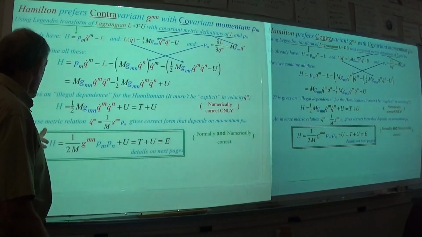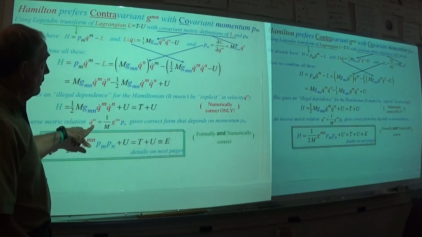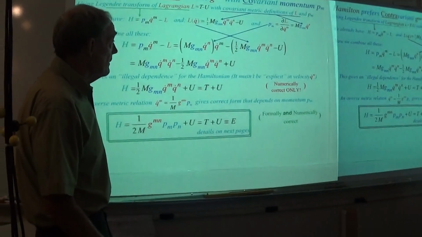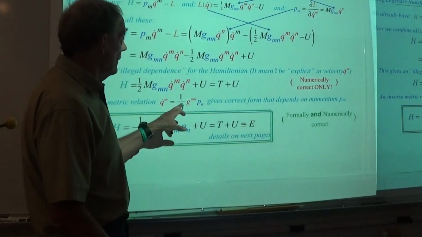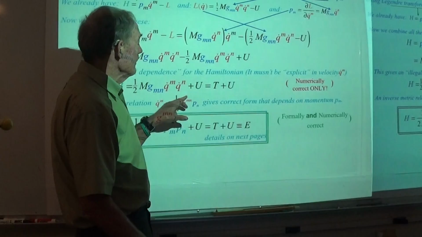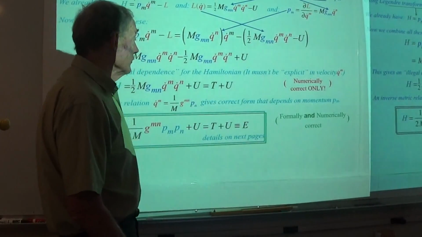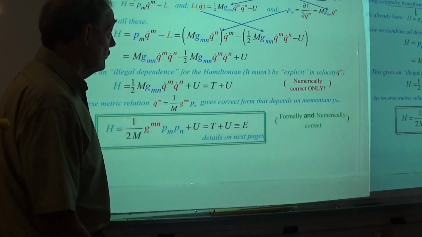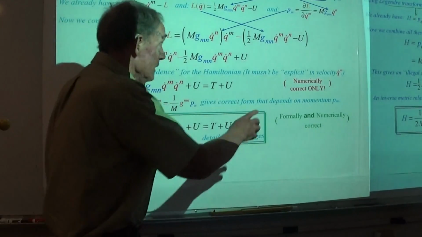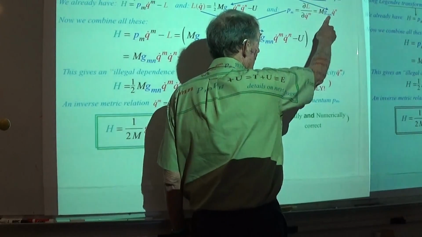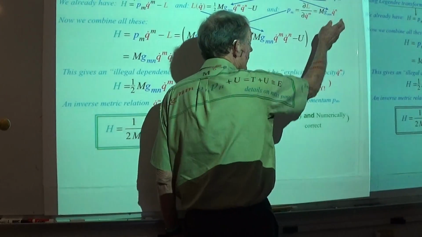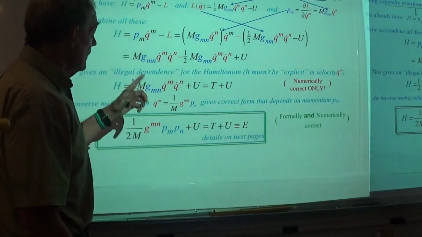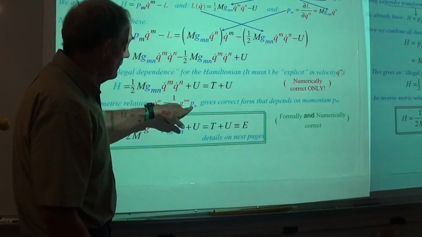Okay, so we take this inverse relationship of the velocity to the momentum, just flip the equations by using the contravariant metric, applying that to P. Basically, that's all that's going on here, but I'm just solving the equation that expresses the momentum the way it was in the developmental Lagrangian stuff, and getting the velocity as a function of momentum.